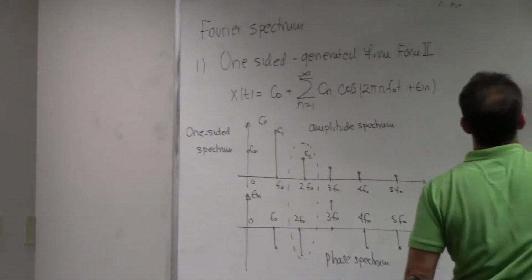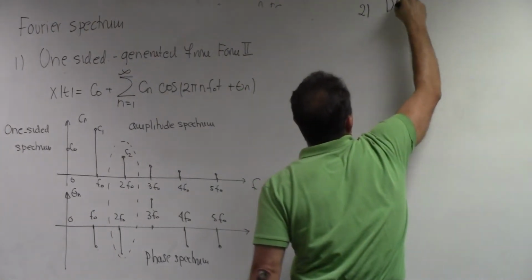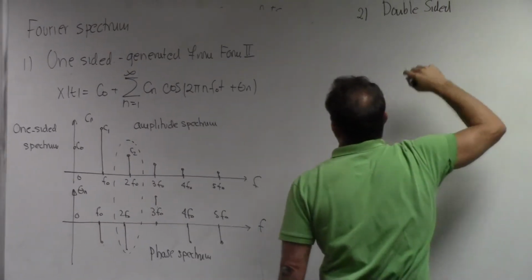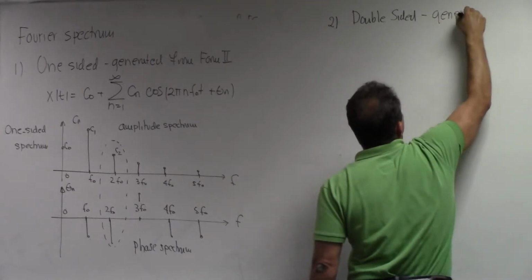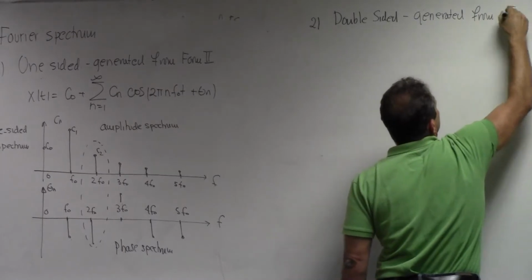The other form that is also commonly used is called double-sided. This one is generated from form 3.